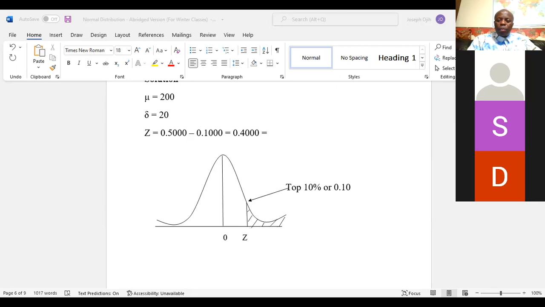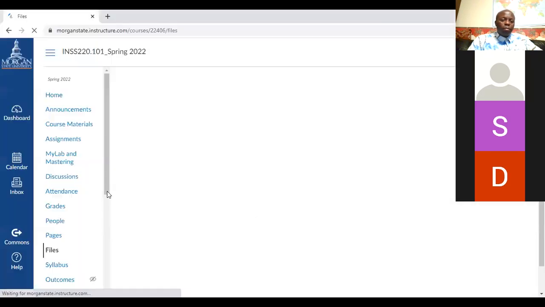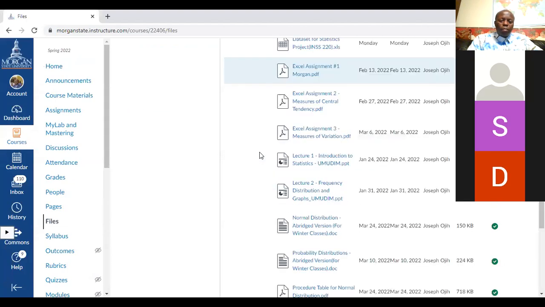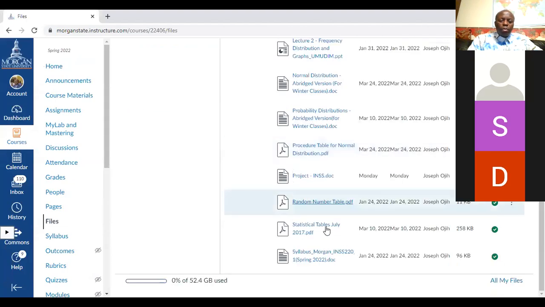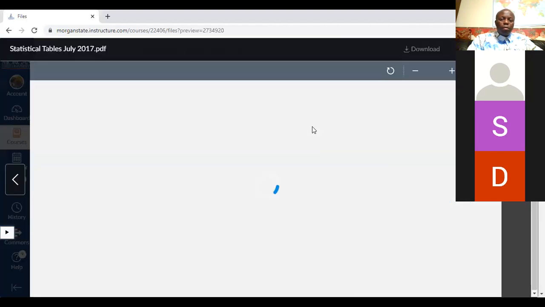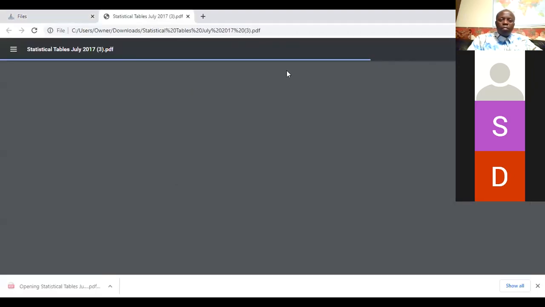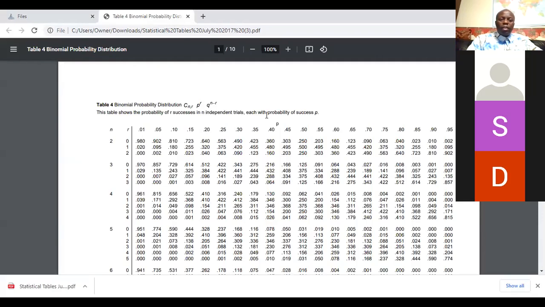In my class, I have it for you in the files section in the classroom. So we have it here as statistical tables. I can load it from there. Yep, it's open now. So I downloaded it for the classroom.